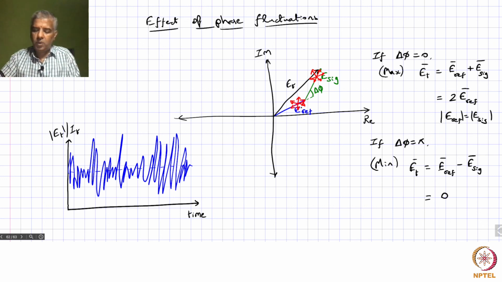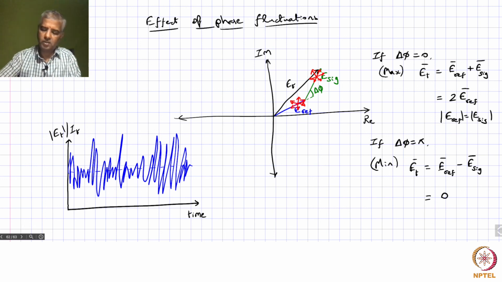Now, of course, you can say that, hey, you know what, I can control the reference to some extent. I can put it in that particular arm. I can package it such that it's isolated from external pressure or strain, and I can also maintain the temperature of that reference. You can do all of that, so I can reduce this noise a little bit, but you still have this noise in the measured signal because that essentially has to interact with the external medium, right?